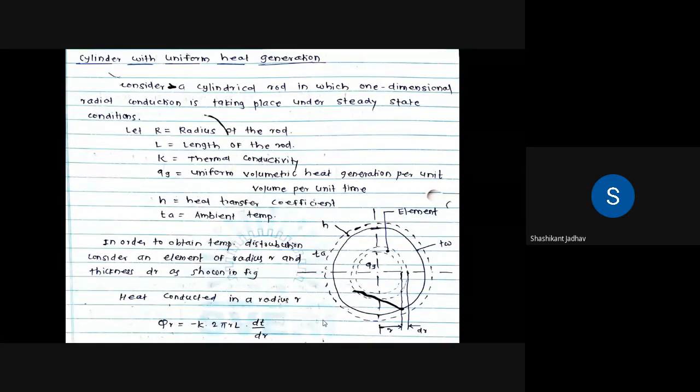Okay, so draw this diagram. This is the metal rod.